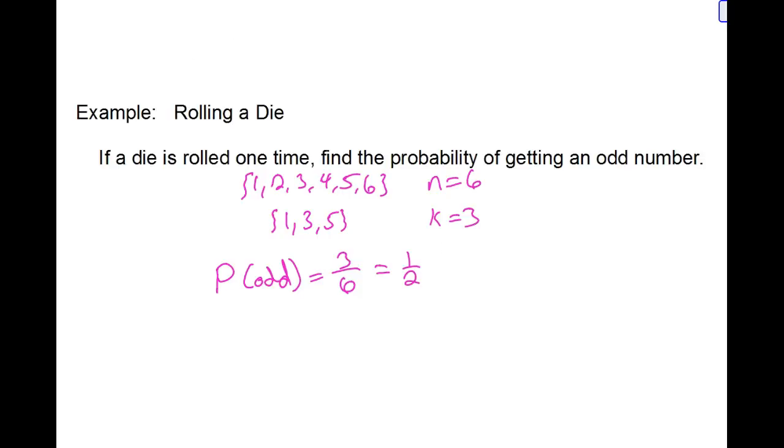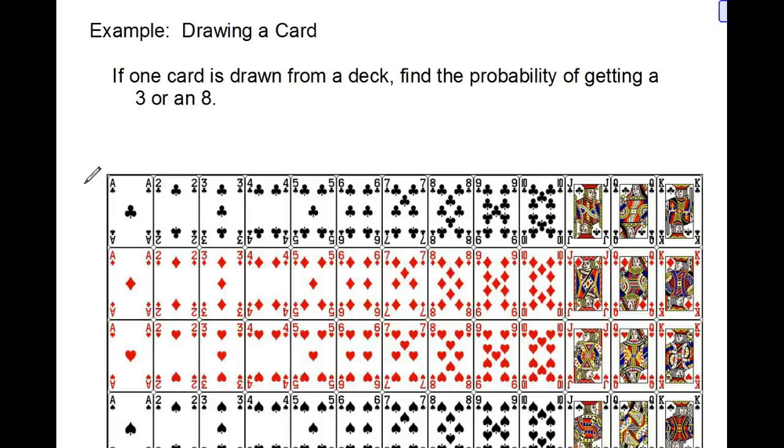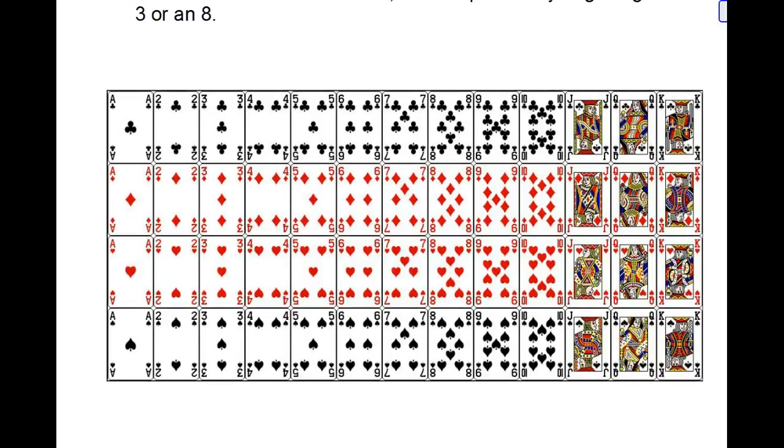So let's look at another example, using the deck of cards. Definitely make sure you know the deck of cards. In this case, if one card is drawn from a deck of cards, find the probability of getting a 3 or an 8. Here's a standard deck of cards, excluding the jokers. If we go through and count, we have a total of 52 cards because there are 4 rows of 13.